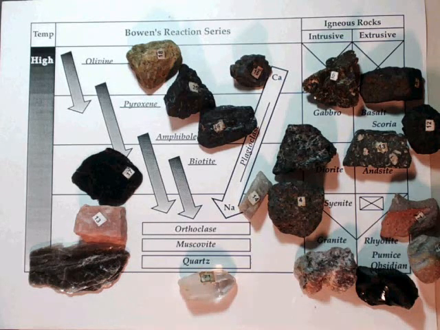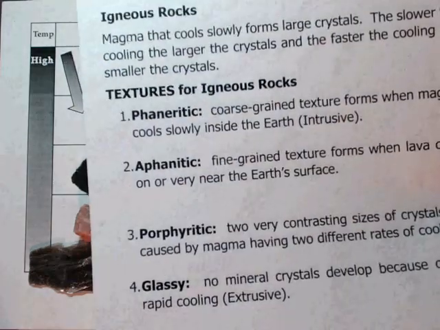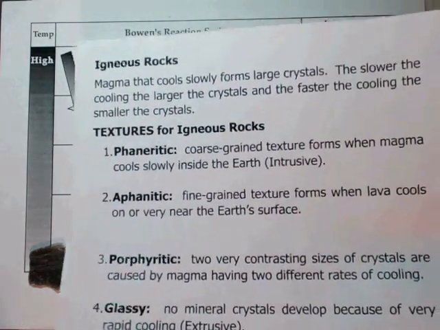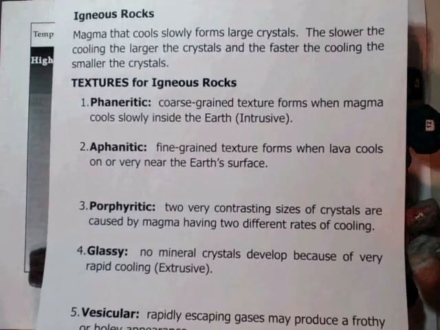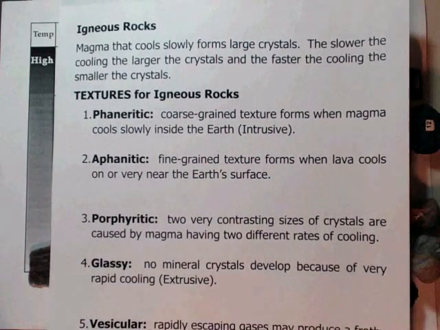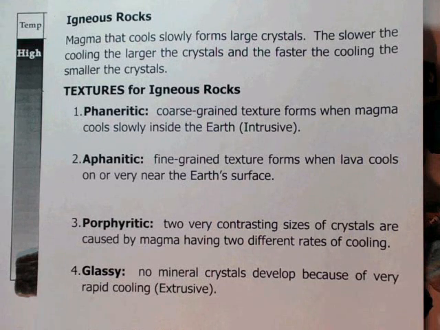Here I have some notes for you. These are not necessarily in your handout, so I'm going to try to place them right over there. Maybe I'll scroll up a little bit. In looking at our igneous rocks, if you remember from our rock cycle, this is magma. If it cools slowly, you'll form very large crystals.